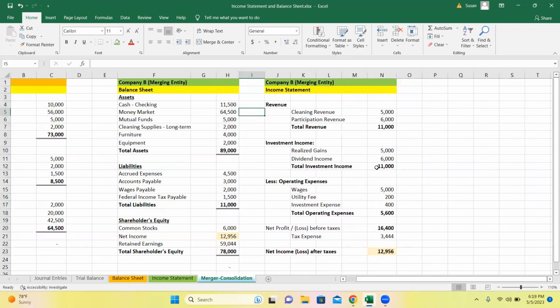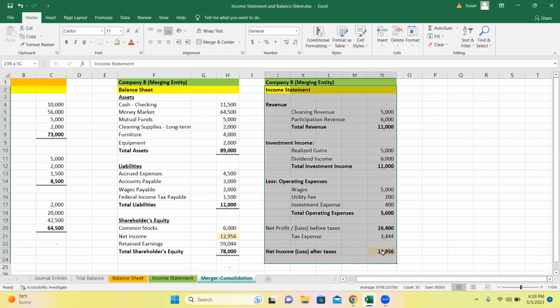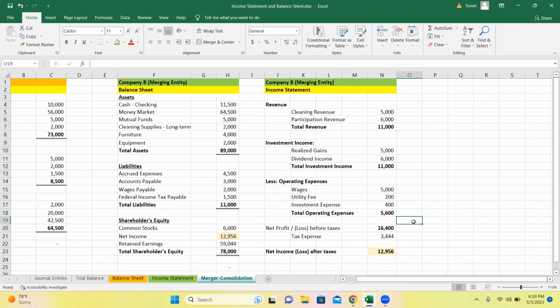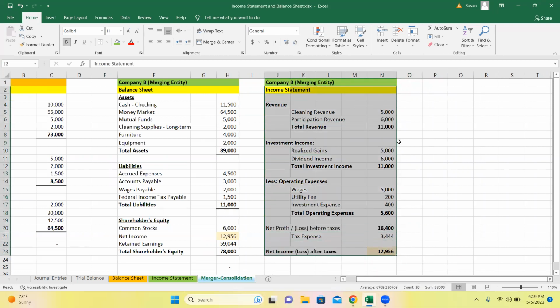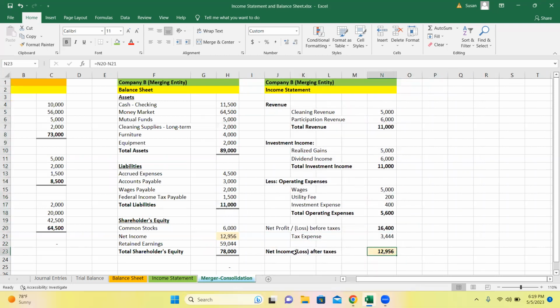And what we're going to do, if you recall, is that the income statement is mostly an annual to annual presentation or fiscal year to fiscal year presentation. So after the year ends, you close it out and you take the net income and put it into retained earnings.